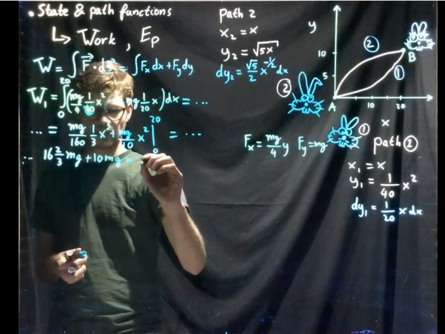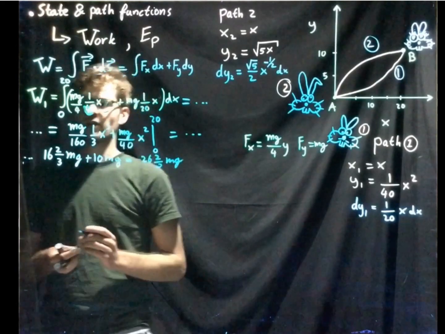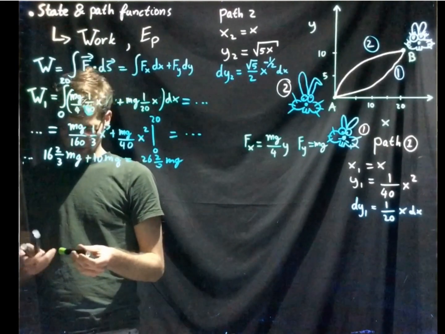So the final answer will be 26 2 over 3 mg for rabbit 1.